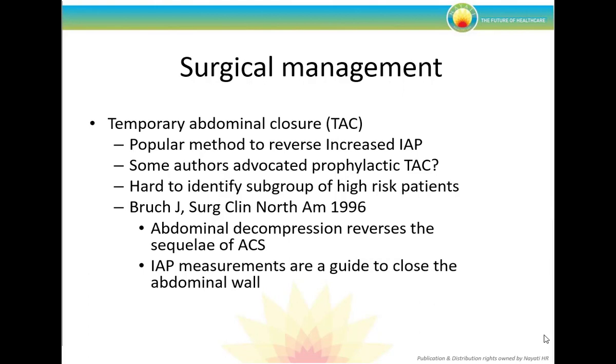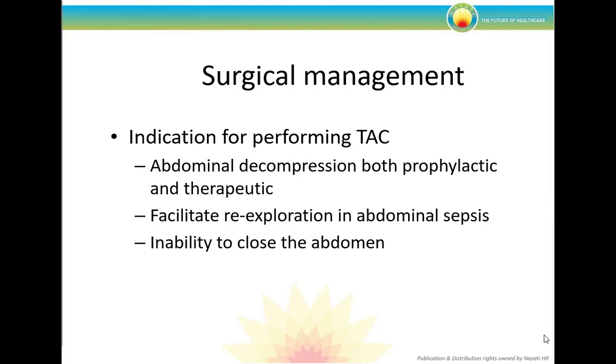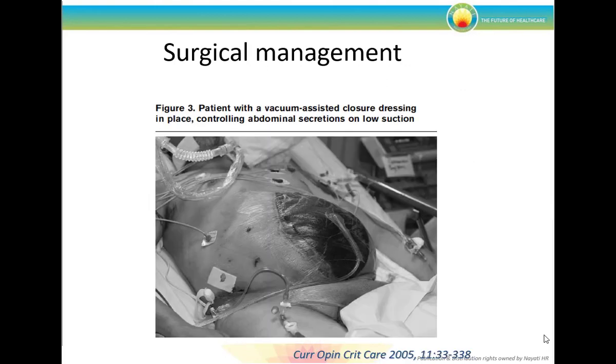But it is very difficult to identify where to do this. So what are the indications? Abdominal decompression, both prophylactic and therapeutic. It facilitates re-exploration, especially in patients with abdominal sepsis and in conditions where we are unable to close the abdomen.